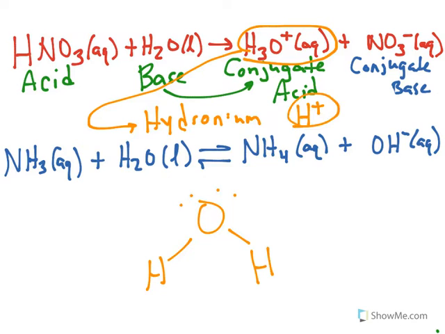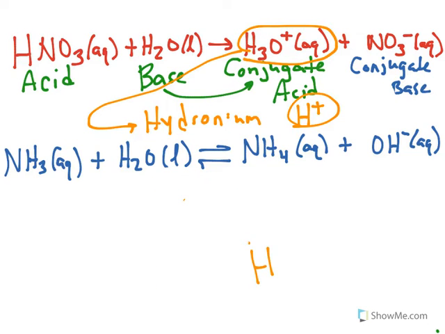If you have a proton floating around in solution, it's going to latch on to this water, forming this H3O plus ion, this hydronium ion. Since you can't have protons by themselves, they attach to water. For every proton that attaches to water, you get one hydronium.